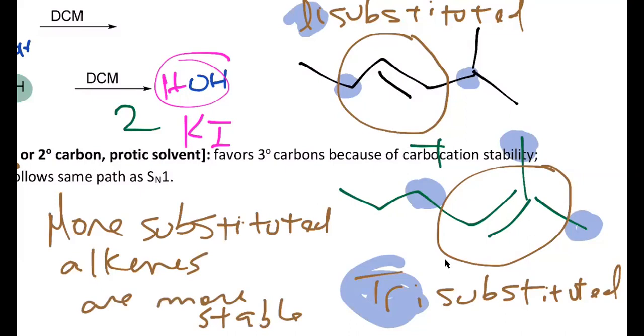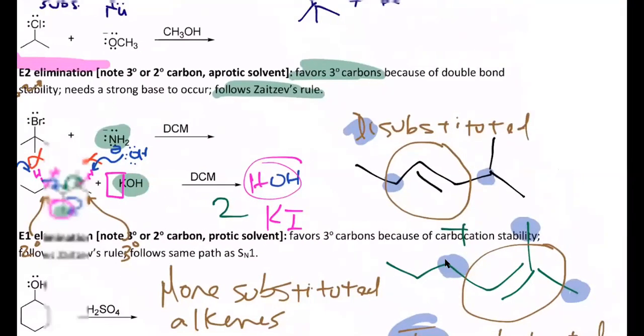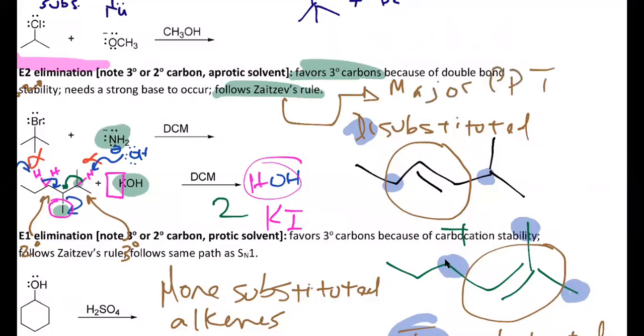So based on Zaitsev's rule, the major product is going to be the more stable product or the more substituted product. I think we went over that Wednesday, but I'll write it again. So Zaitsev's rule says your major product for an elimination is going to be the more substituted product.